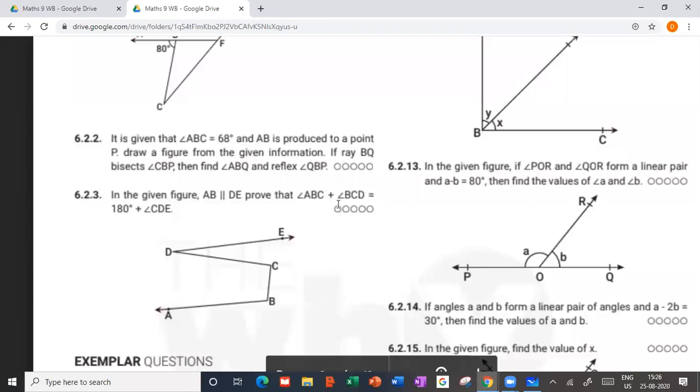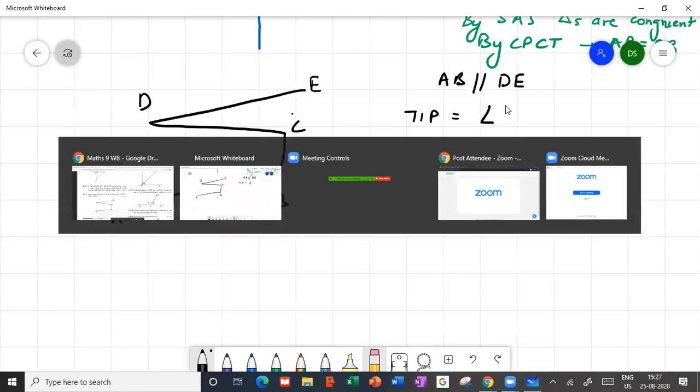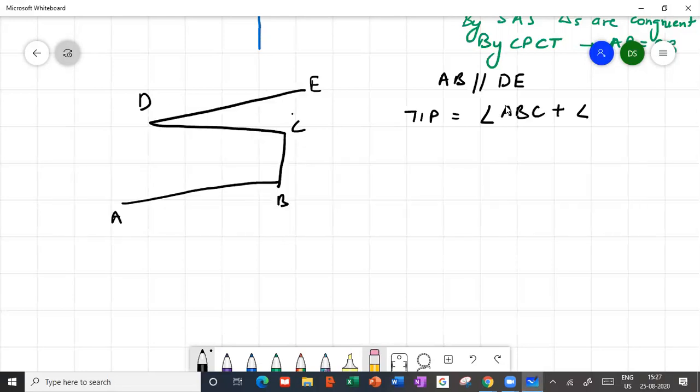Prove that angle ABC plus angle BCD is equal to 180 plus angle CDE. Which are these angles? ABC is this. BCD is this. So they want you to prove this plus this is equal to angle CDE plus 180.